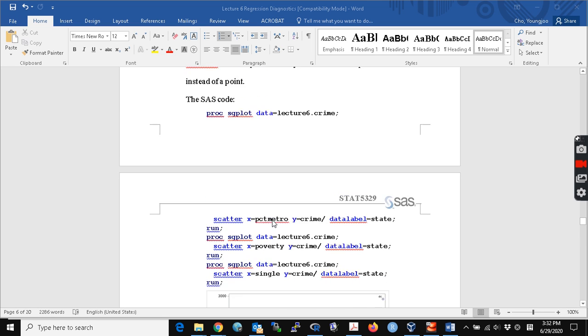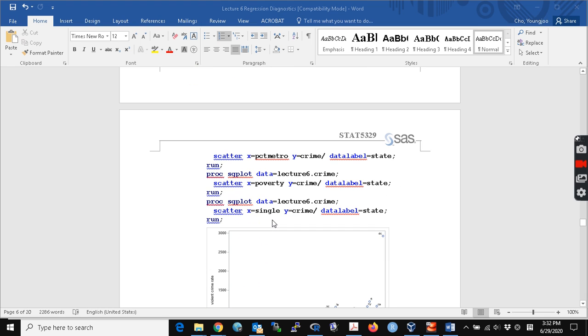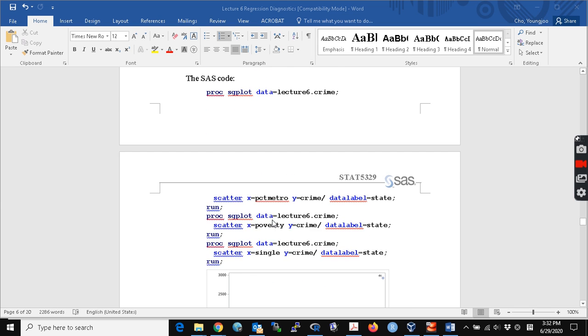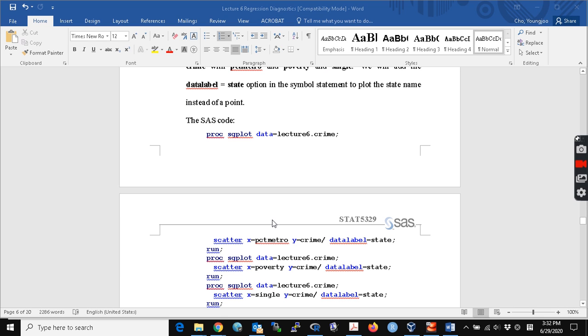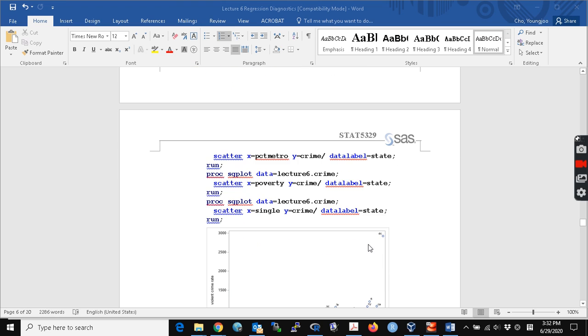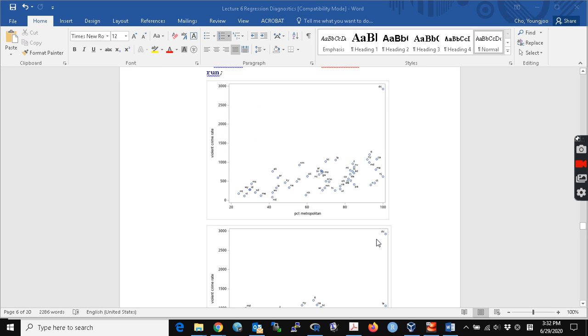Then you can use PROC SGPLOT to check what this data point is. I use the SAS code, putting the data label as the state option, so we can check the outlier in this example.